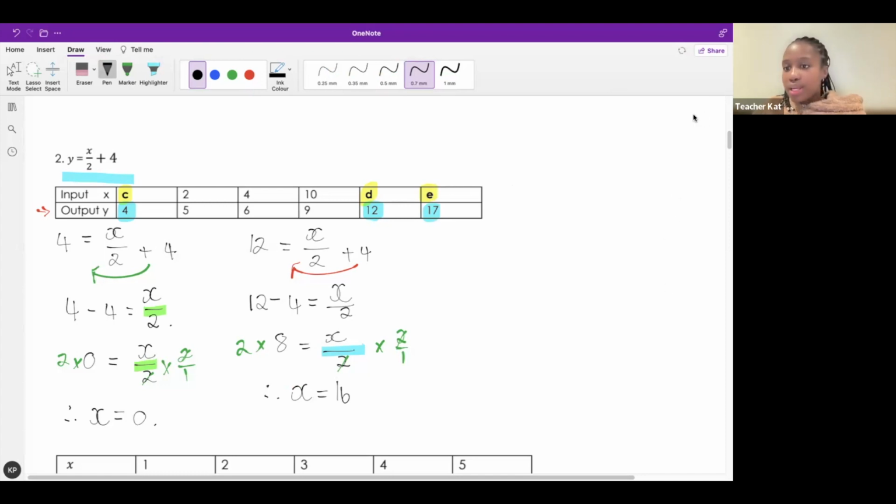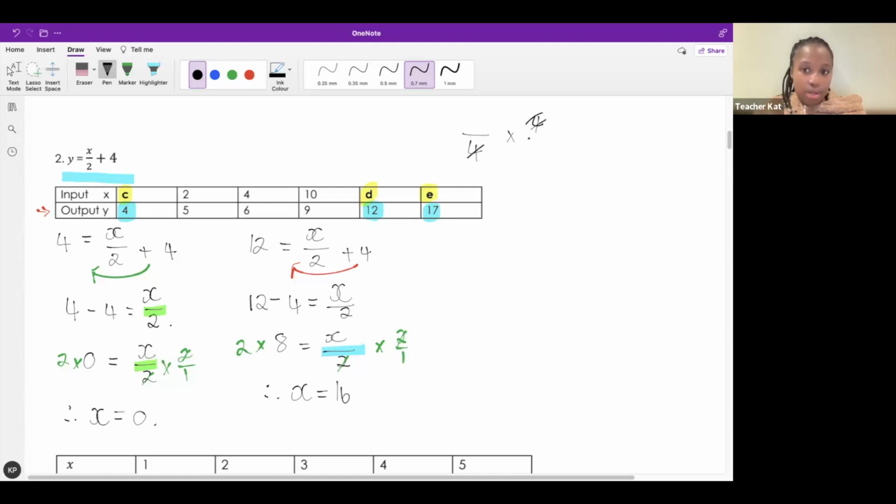And again for E, yes, Bongo Musa? Can I ask something? Yes. The 2 over 1 is always there. No, it depends on what you are dividing by. That's the only way you can get rid of it. If you are dividing by 4, then you're going to times by 4 so that they cancel each other out. Do you see?